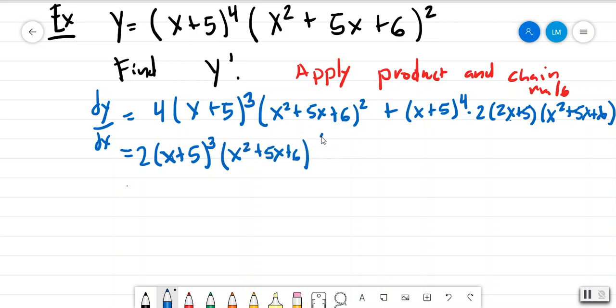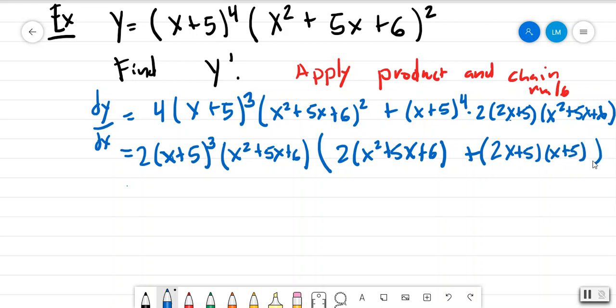What gets left behind in the parentheses is the 2 times x squared plus 5x plus 6, plus, okay, so we took out a 2 as a greatest common factor, and then we took out the x plus 5 to the third power. So what that leaves behind in the parentheses is just the 2x plus 5 multiplied by the x plus 5.